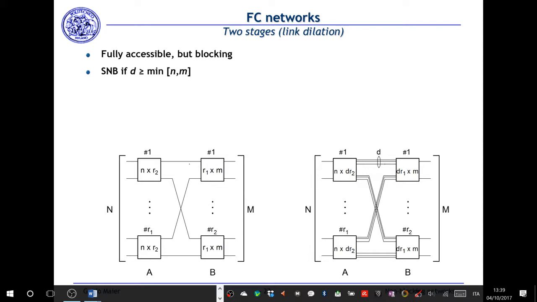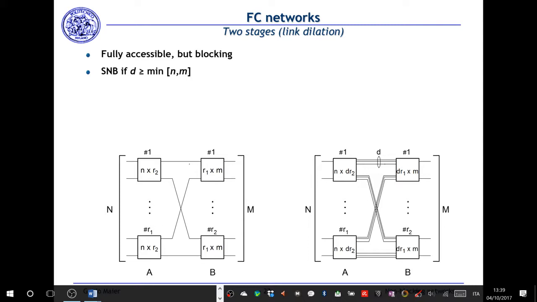symmetrical architecture, so it's basically a square, so capital N is equal to capital M, small n is equal to small m, and then capital N must be equal to R by small n, which is the number of matrices in the first stage, which is also equal to the number of matrices in the second stage.